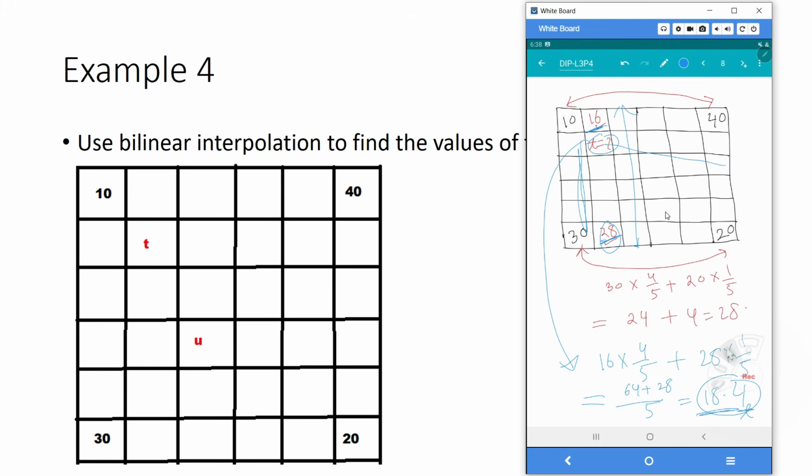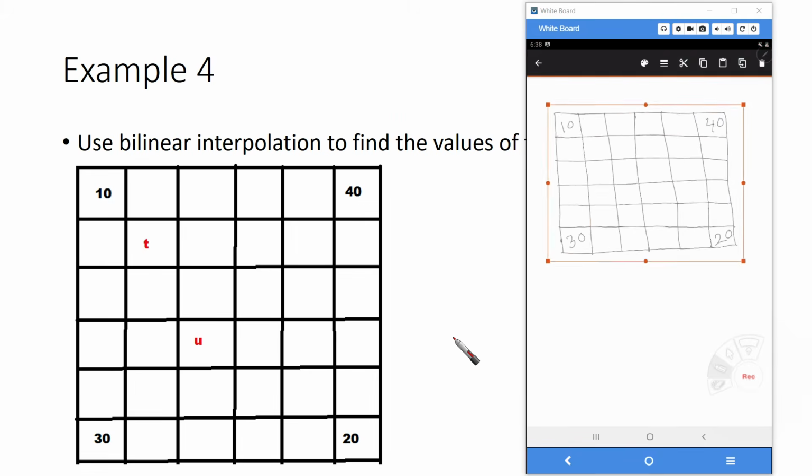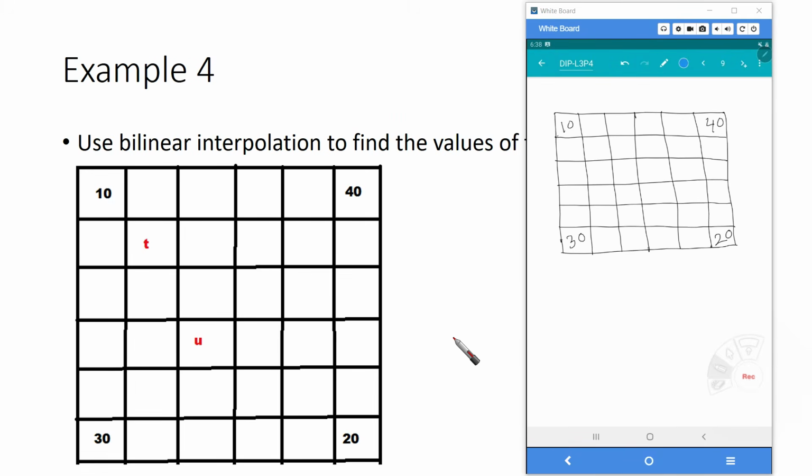Now how to calculate the value for u? In the same way, if you remember how to calculate these values. So let's again take the same thing, and u is this one, right?